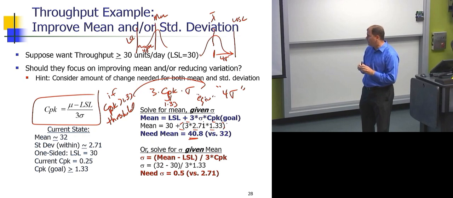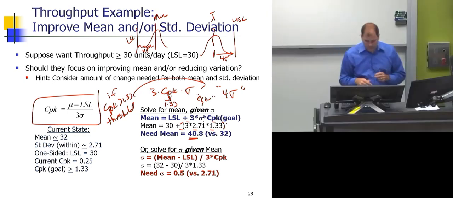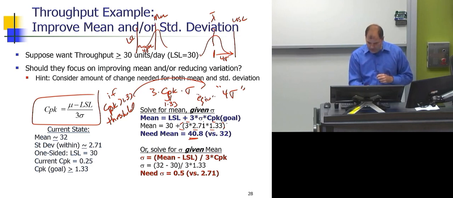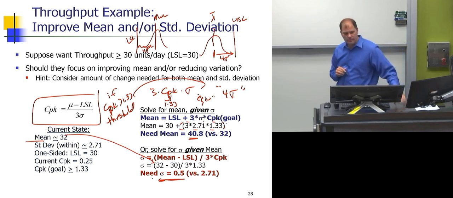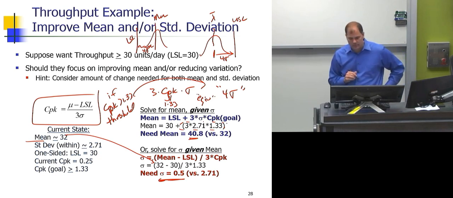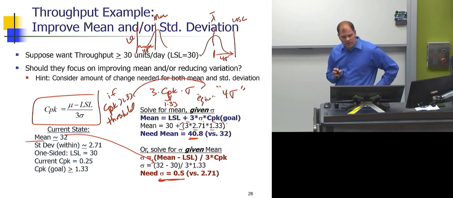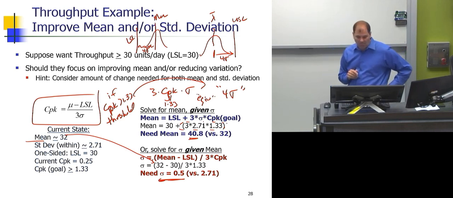If I go to the bottom equation, if I told you the mean was 32, and I want you to solve for sigma, I would need a sigma level of 0.5. So now the question becomes, which of those is realistic?